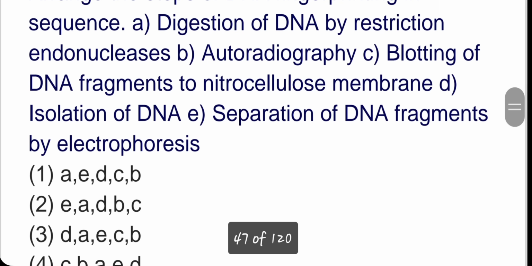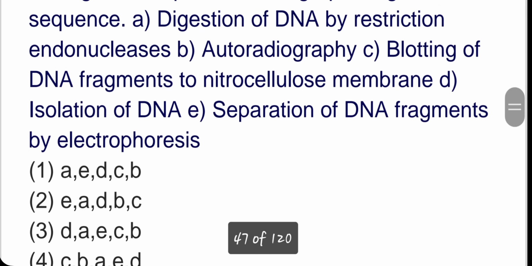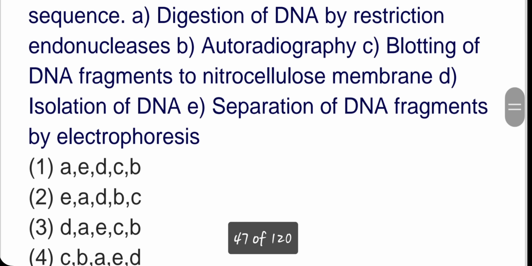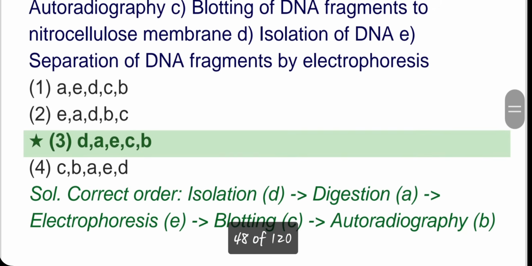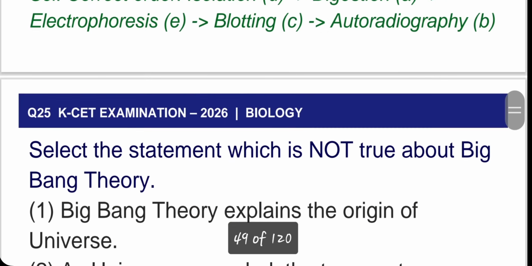E is separation of DNA fragments by electrophoresis. C is blotting of DNA fragments to nitrocellulose membrane, and B is autoradiography. So the third option, DAECB, is correct: isolation, digestion, electrophoresis, blotting, autoradiography.